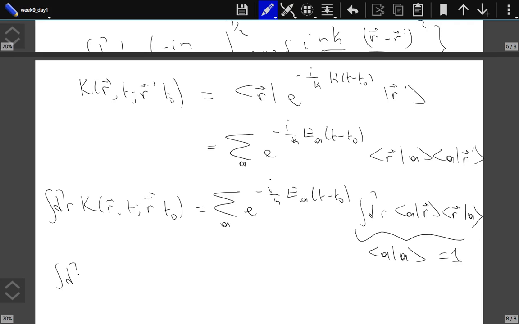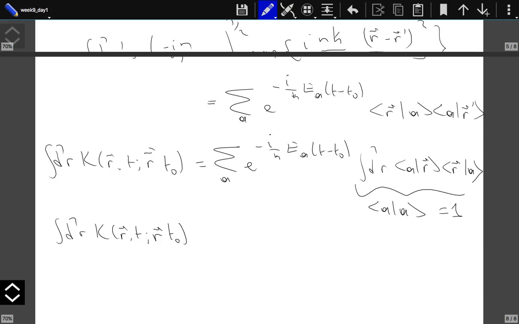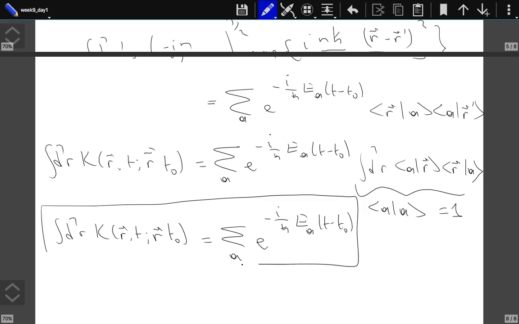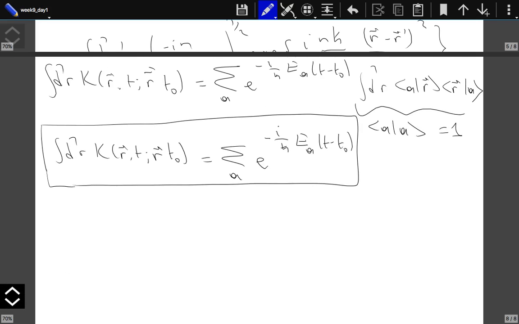So the integral of d cubed R, K(R, T; R, T0), is equal to the sum over A of e to the power minus i over h bar, E_A (T minus T0). Now let me make a change of variable.